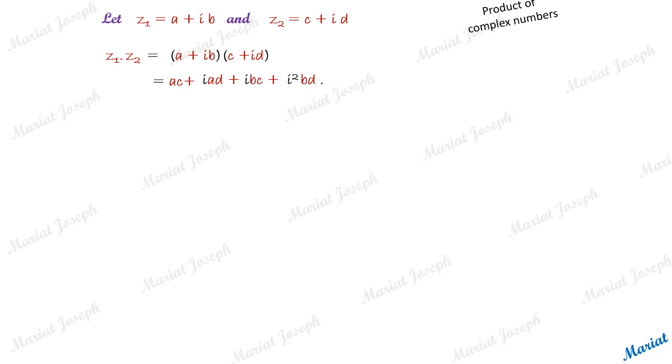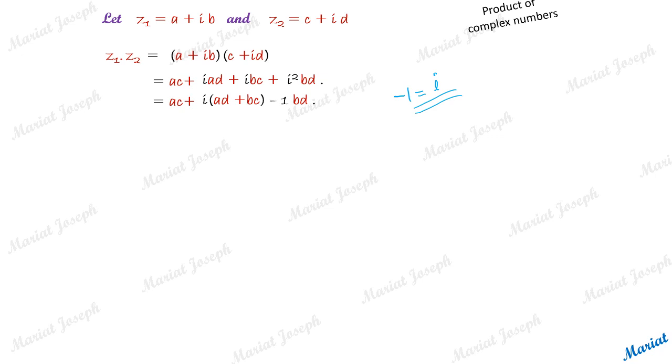The fourth term gives you i square, because i is there with this one also, i is there with this also. So when you multiply, we get i² bd. And we have already noticed i² is -1. Therefore, in the next step, we will rewrite that i² as -1. -1 into bd. So the term is -bd.